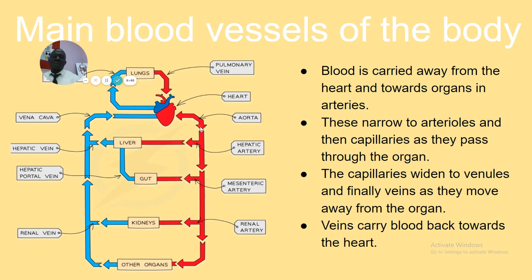As blood flows through the aorta and goes to the liver, the liver has what we call the hepatic artery. This is the one that branches from the main artery to the liver. The hepatic artery sends oxygenated blood to the liver.